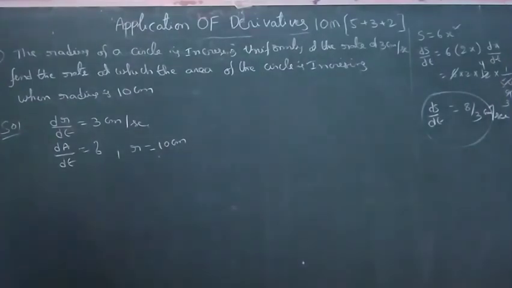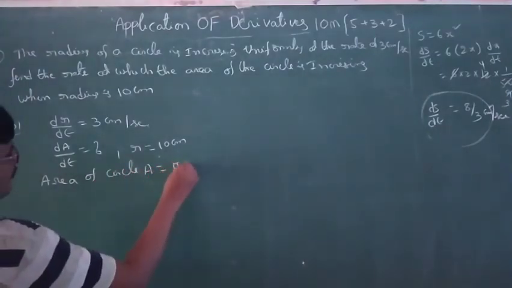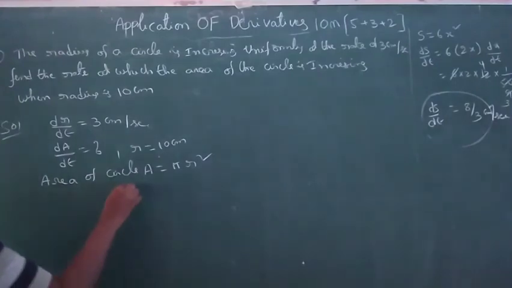We have to find out the area increasing rate. So area of circle A is equal to pi r square.